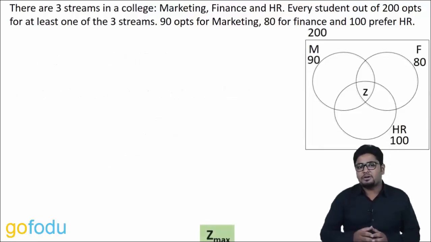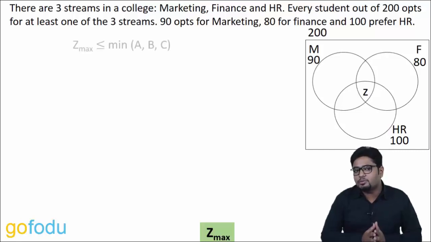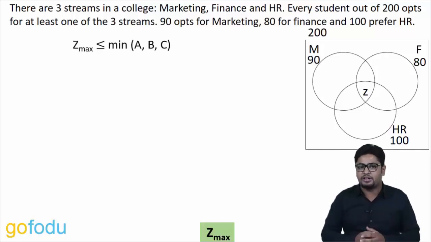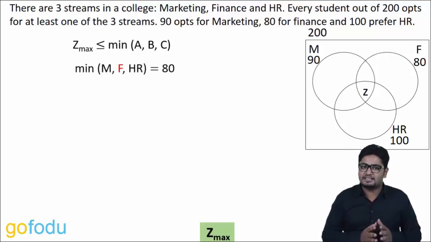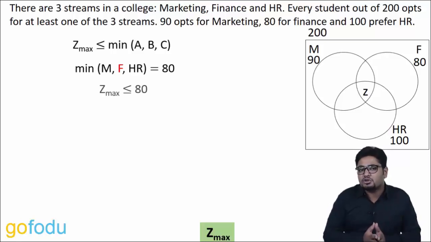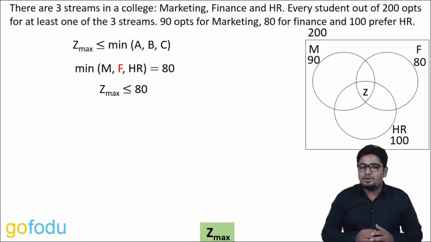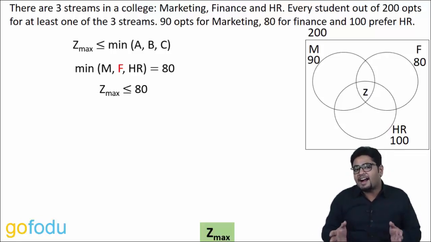For Z maximum, we have seen that its value should be less than or equal to the minimum value of the set among the three. Here, the minimum is for finance, that is 80. So, Z maximum has to be equal to or less than 80. Now, we take the differences for the other two sets and add them to the minimum value.